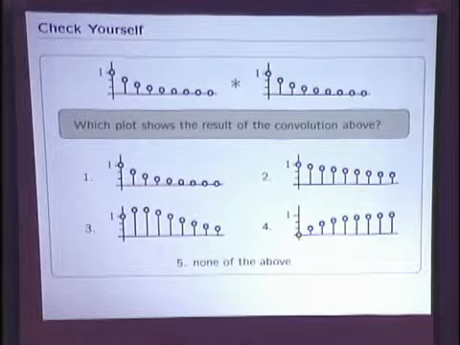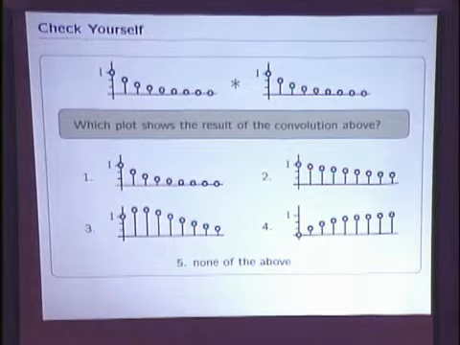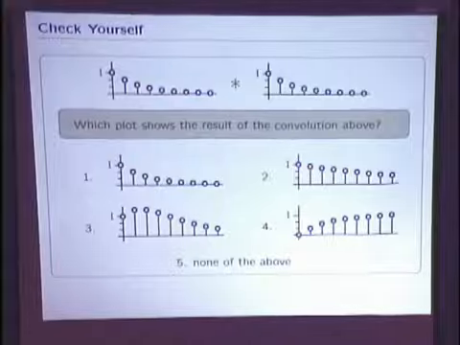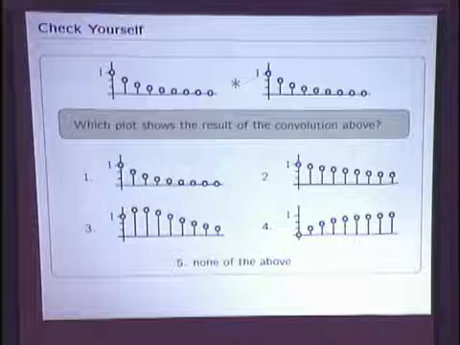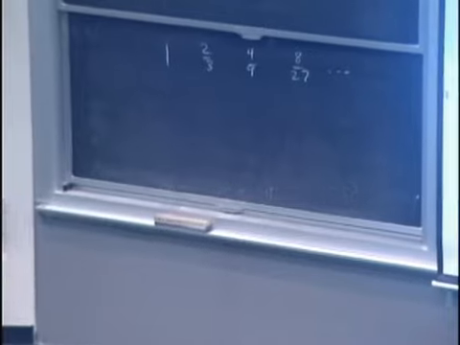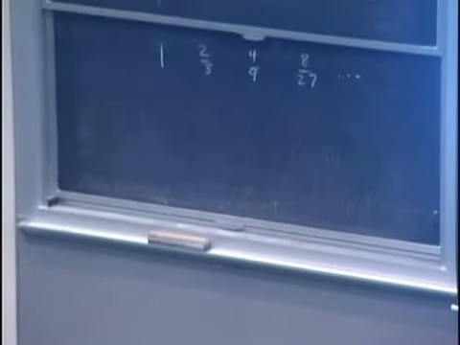Imagine for the moment that the sequence looks like 1, 2/3, 4/9, 8/27, and so on. Imagine that it's a geometric sequence with a base of about 2/3. How would I compute the answer when I convolve that sequence with itself at 0?